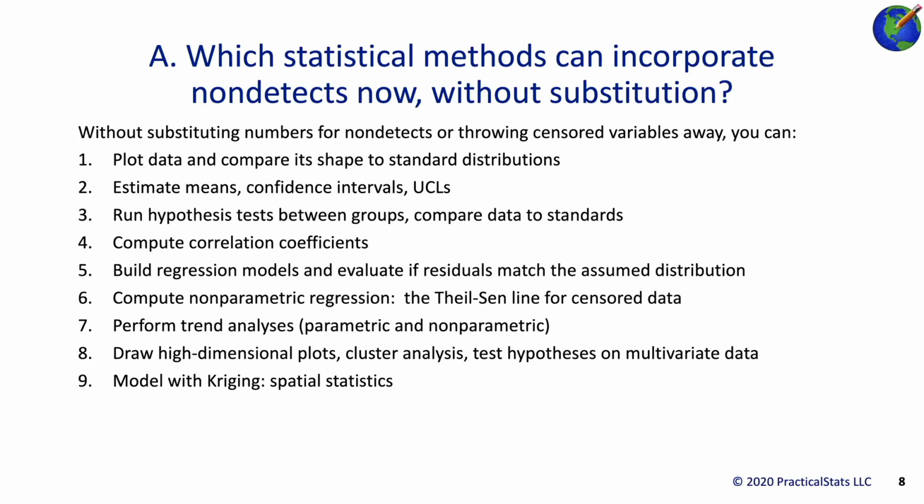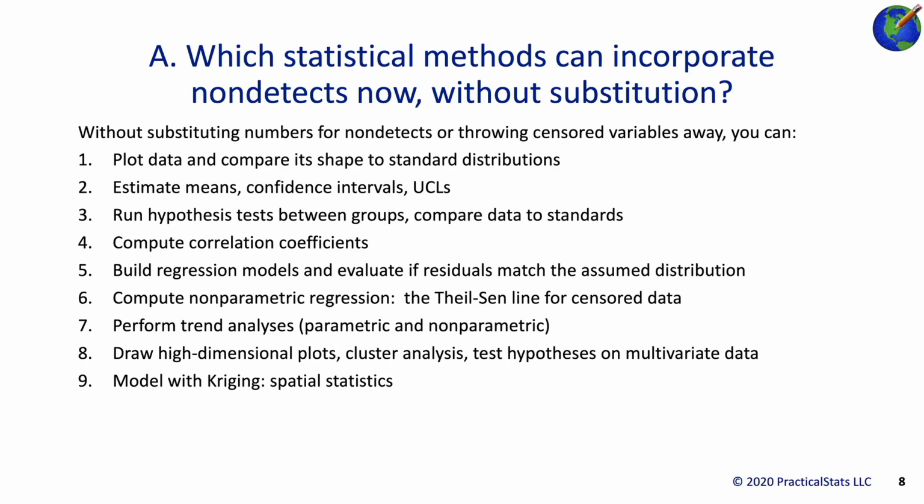You can run hypothesis tests between groups. You can statistically run a test and compare the data that you have to standard values. You can compute correlation coefficients, build regression models, build good models because you evaluate whether the residuals from the regression model match the assumed distribution. Many regression procedures assume a normal distribution.